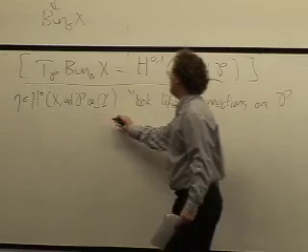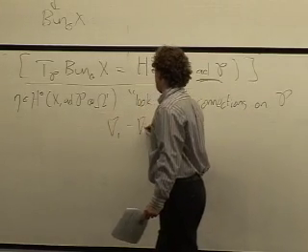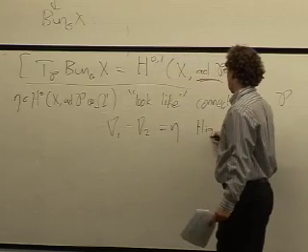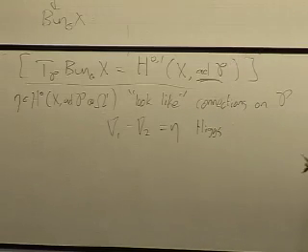So if nabla_1 and nabla_2 are two connections, the difference between them is an eta, is a Higgs field.